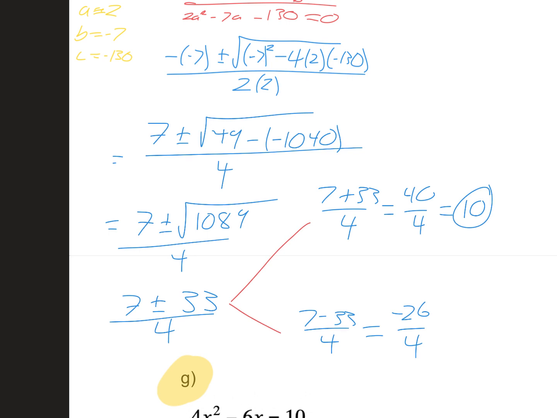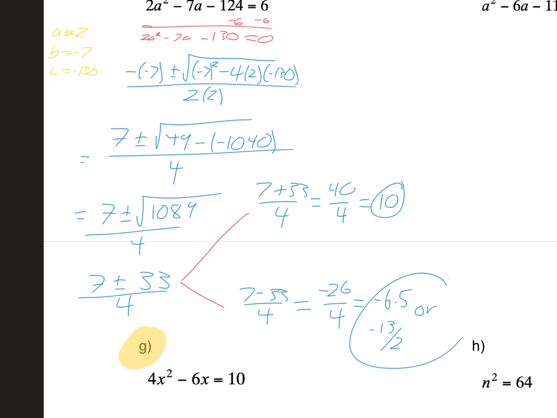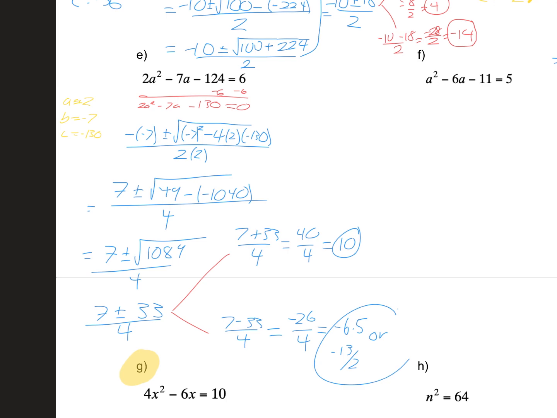Is that right? 33 minus 7, yeah. And this one, you would end up getting a decimal or a fraction. So you could write it as negative 6.5, or you could write it as negative 13 over 2. Either of those would be correct. But those are your two different answers for problem E.